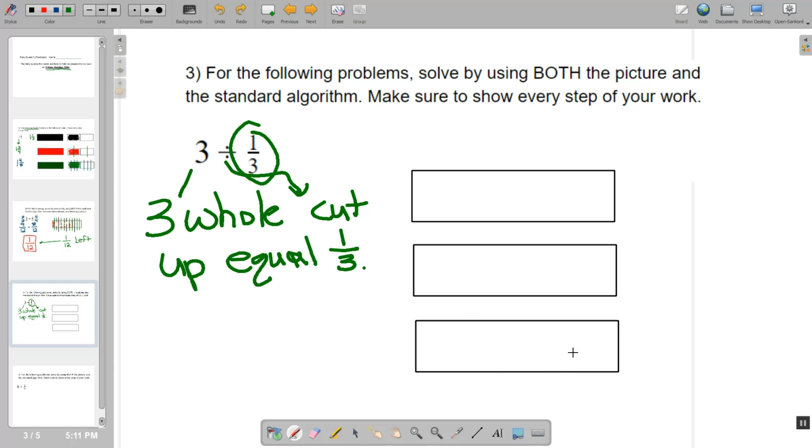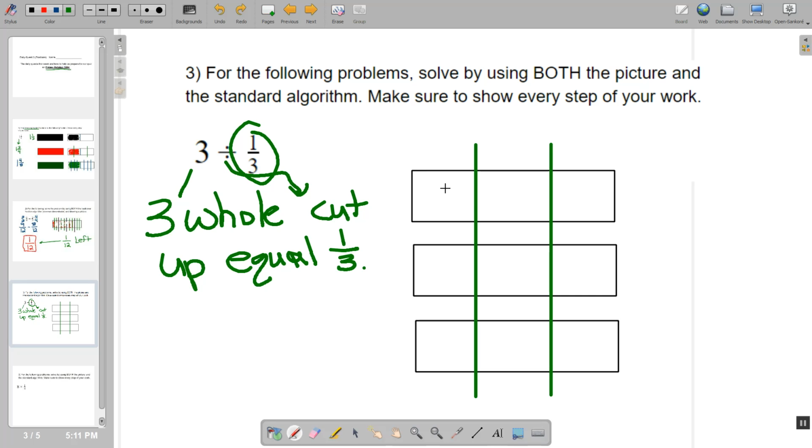So what I'm going to do is take this problem and cut my fractions up into equal thirds. So I have my thirds here, and it wants to know how many 1/3 fit into 3 wholes.